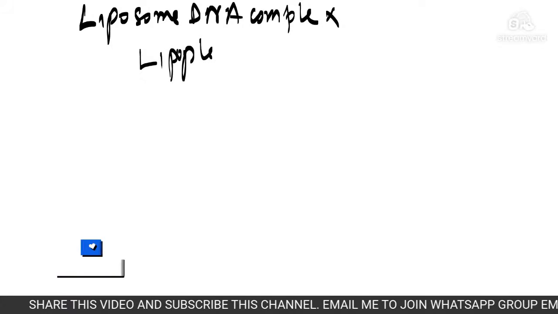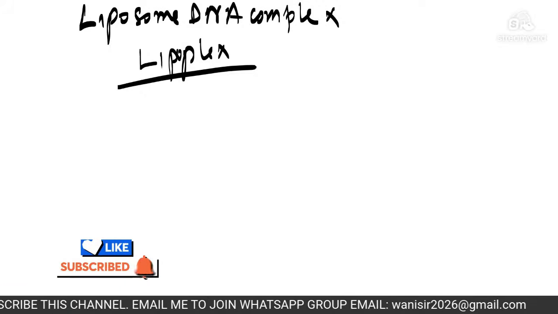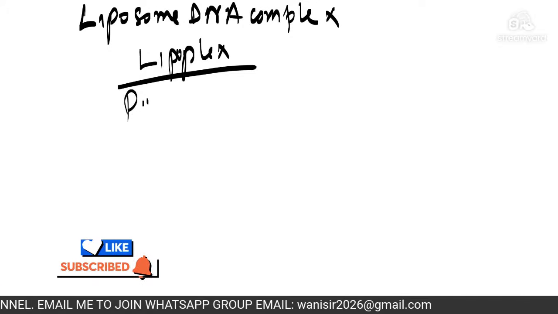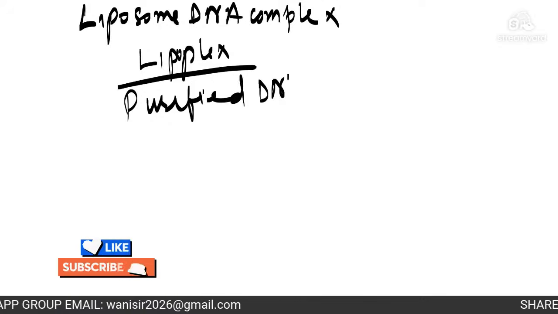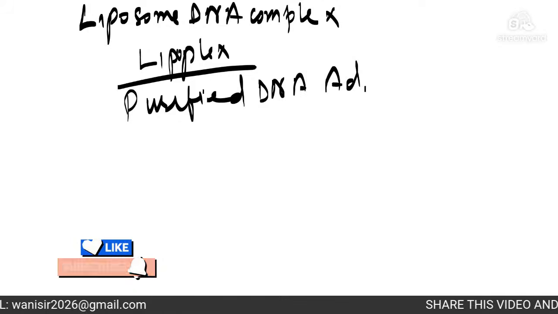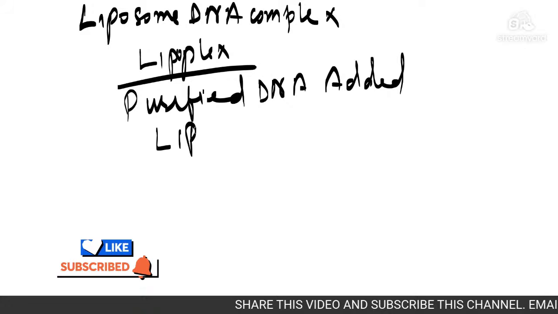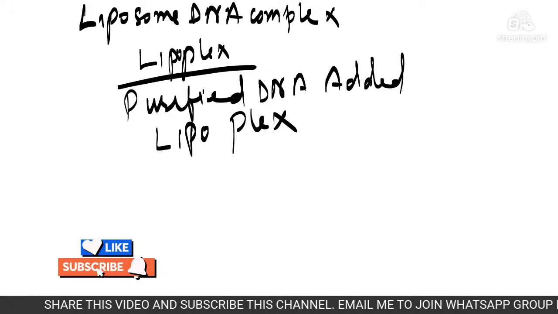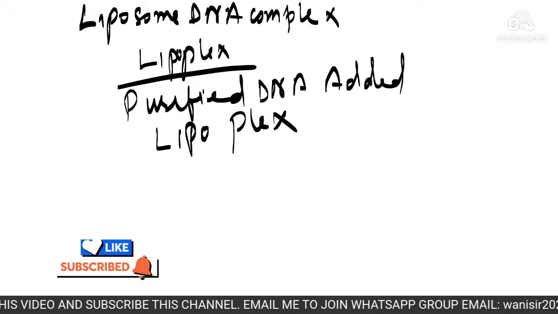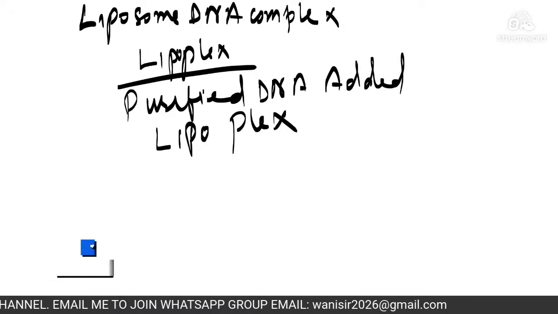So purified DNA is added to the liposome, and it will form the lipoplex. The positive charge on the liposome will attract the negatively charged DNA, which will condense and stick to the liposome to form the lipoplex.